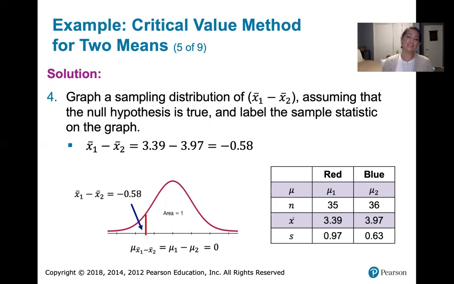We're saying, is it statistically significant to have an x sub 1 bar minus x sub 2 bar that is negative 0.58? Is that significantly low? If it is significantly low, then we have a reason to throw out that null hypothesis or reject the null hypothesis. If it's not significantly high or low, then we'll say there's no reason to assume that the means are different from each other.